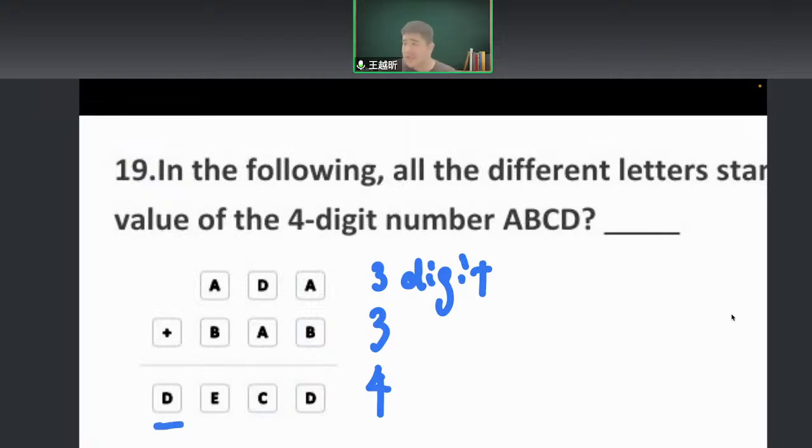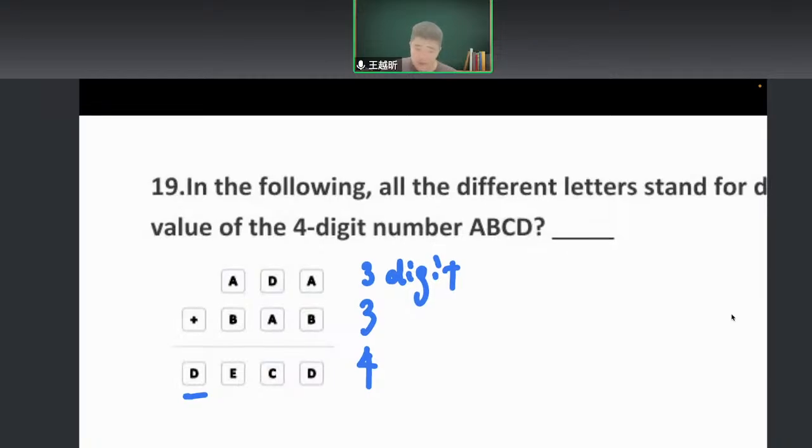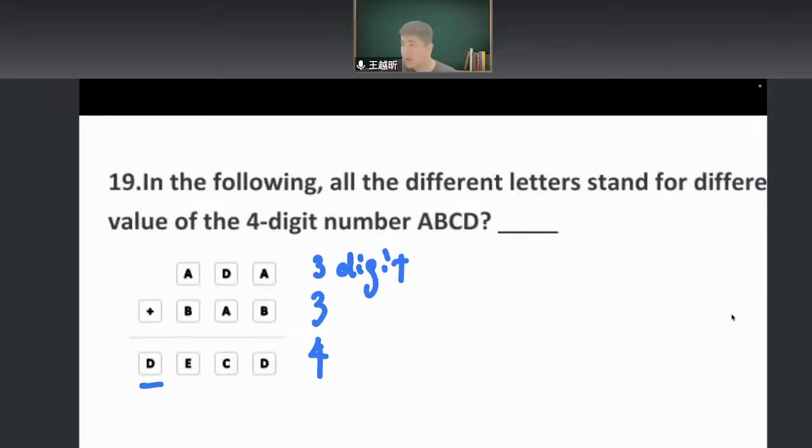What value is D? A 3-digit number plus a 3-digit number, no matter how big the 3-digit numbers are, we can only get 1,000 something. So that means D equals 1. Then you think about the carryovers here, so you can solve the problem by considering the carryovers.